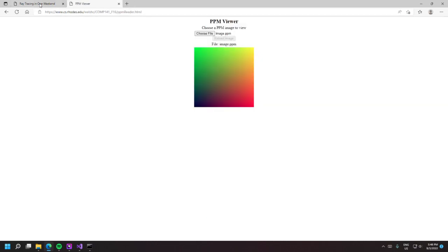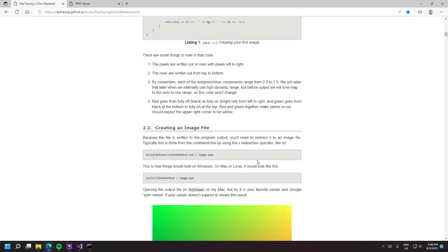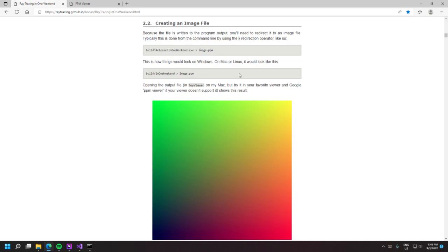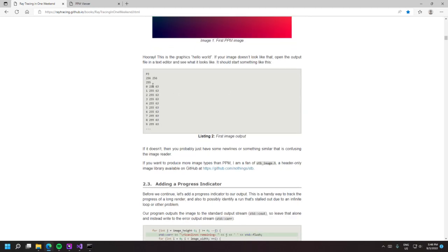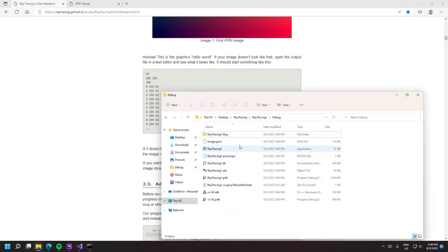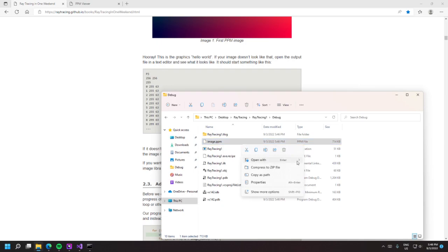Yes, that's the thing. I was not sure why, if we switch blue and red, the color doesn't switch the way that it does the gradient, but let's continue. Yeah, we already did this. And we can also see the raw file of image ppm.